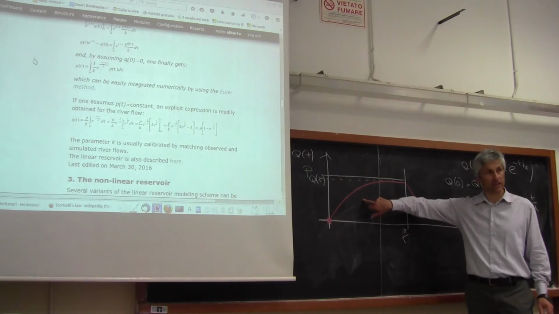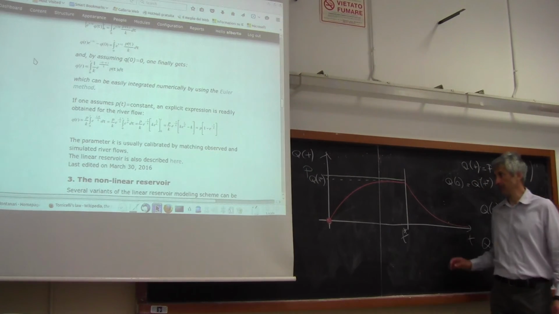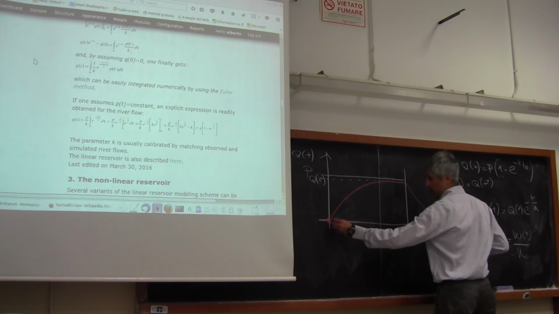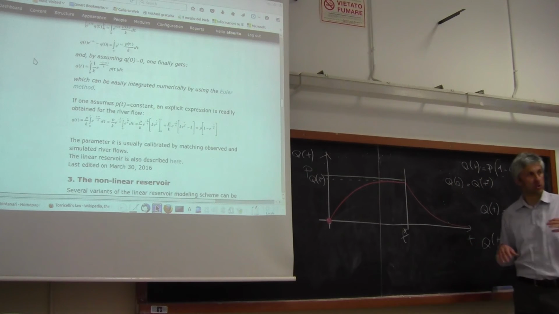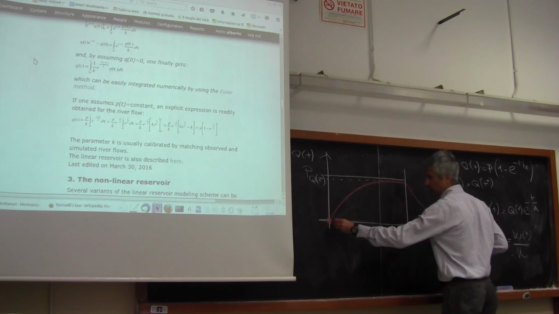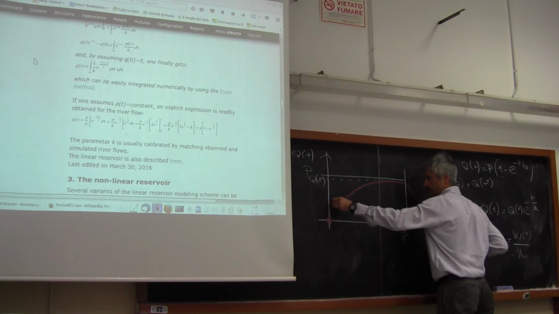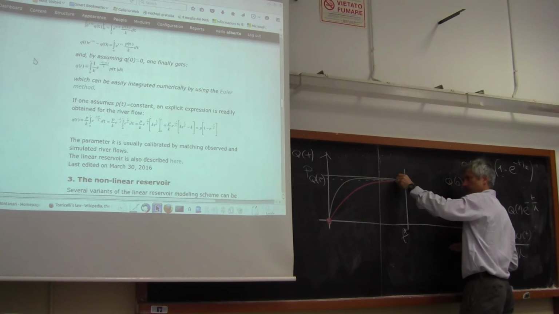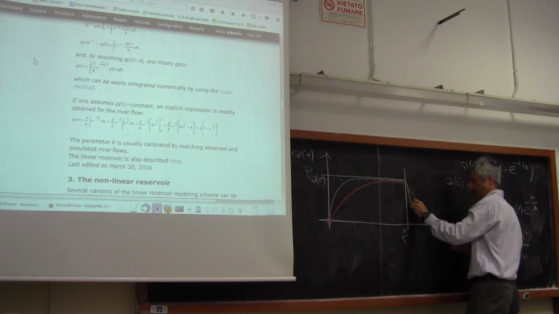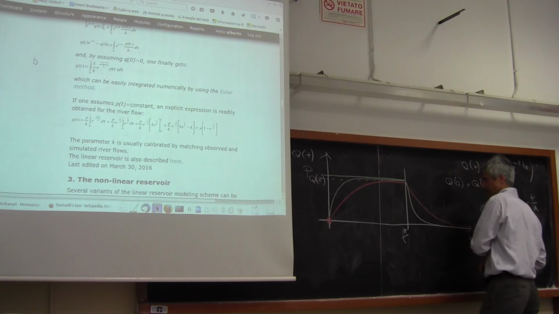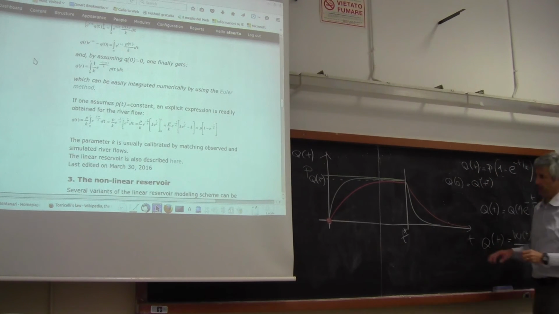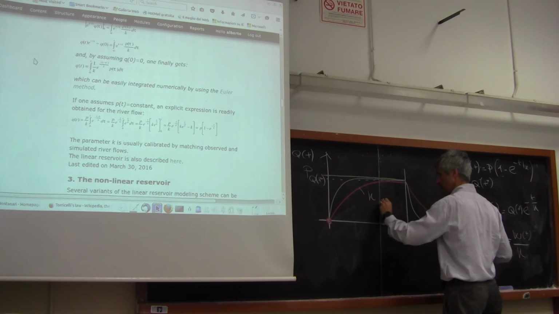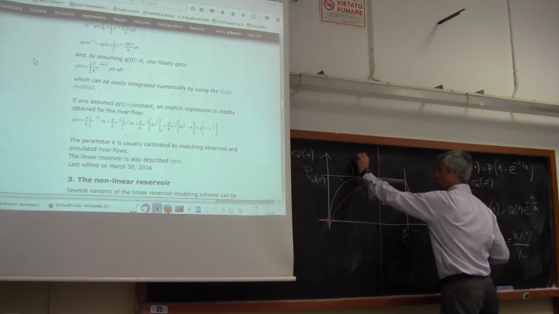So if we look at this graph, what happens here? Let me draw two curves, and you tell me what is the largest K value. So I draw a green curve. This is K1, and this is K2.